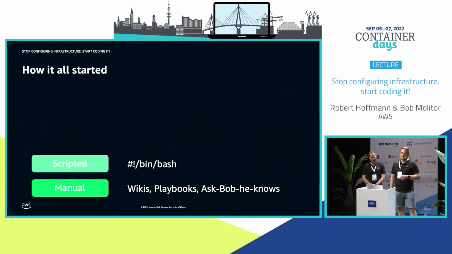From there, we evolved a little bit. We started to script everything. So we were writing a lot of bash scripts that were then trying to configure our infrastructure and bring it to a certain state. And that worked, and sometimes it didn't work.